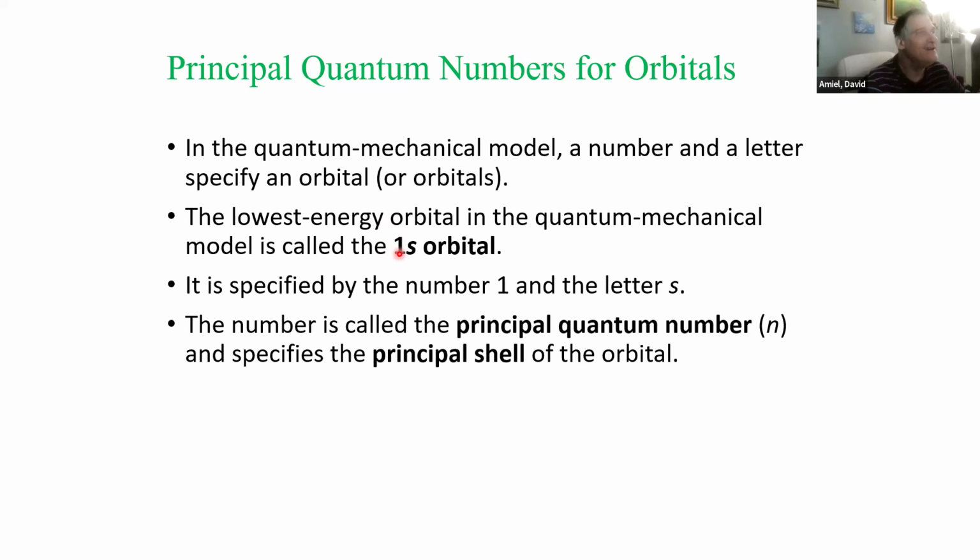And the second one is a letter, s, that we said earlier tells you the shape of the orbital. So we know from looking at 1s that the shape of this orbital is a sphere. So that is how you understand the quantum numbers.